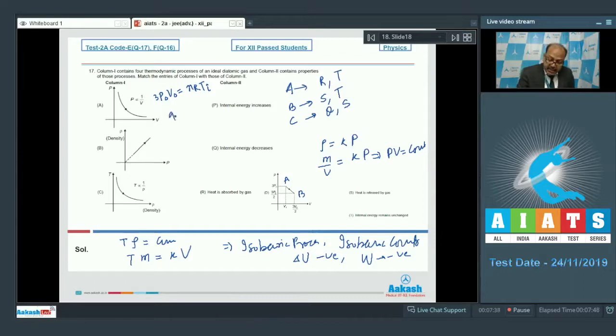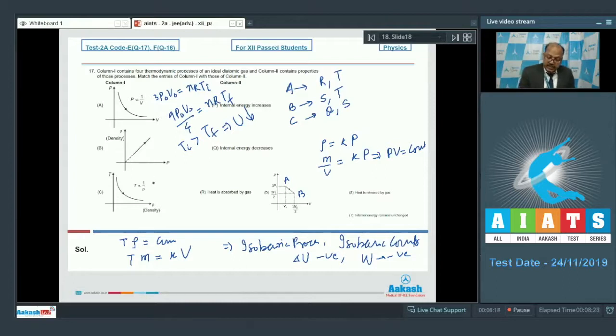That means it is 9 P0 V0 by 4, and that is equal to nR T_F. So it's very clear that Ti is greater than Tf, which means U decreases, internal energy decreases, but work done is positive. So to evaluate whether heat is rejected or released by the gas, we need to calculate both change in internal energy and the work done by the gas.